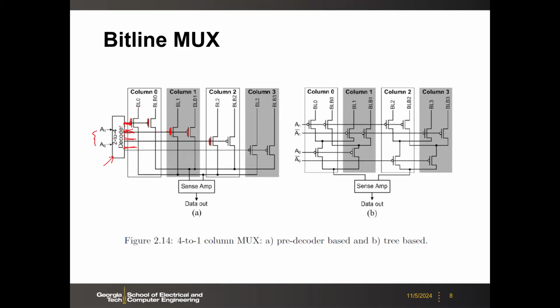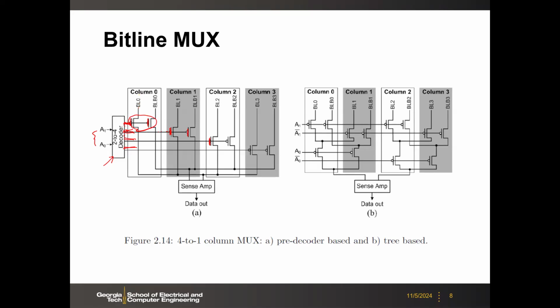After the decoder, one of them will be 1. So if this one is 1, then you are going to select this column out. In this case, we have the bitline bar, maybe for SRAM. But in other memories, only one bitline will be selected anyway. So this depends on the particular memory.